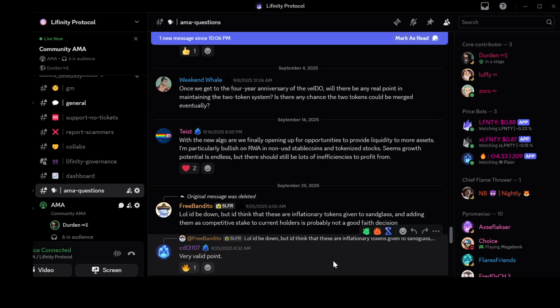I lock any of my tokens that vest for 4 years. So those tokens are freshly locked, right? They're very different from the tokens that have been unlocking since the VE-IDO, which now have a much shorter lock period. So there's that differentiation.